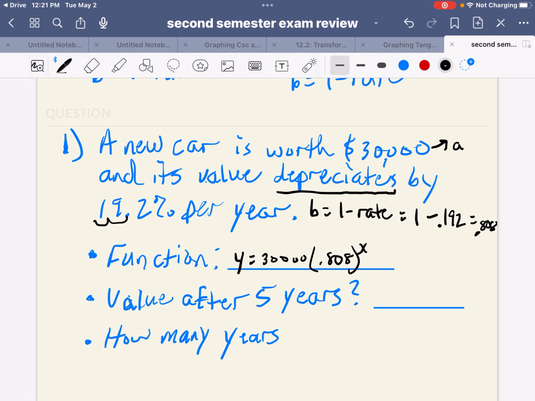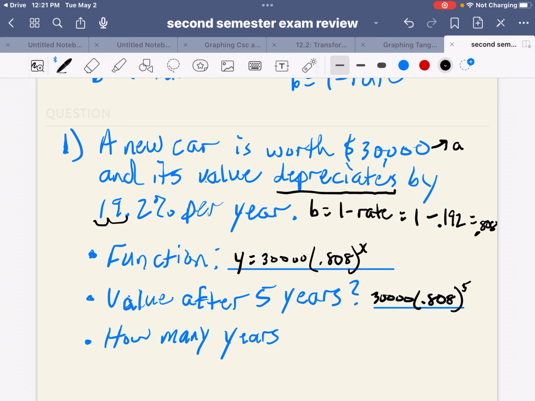Now, find the value after 5 years. Well, that just means plug in 5 for x. So that's going to be 30,000 times 0.808 to the 5th power.